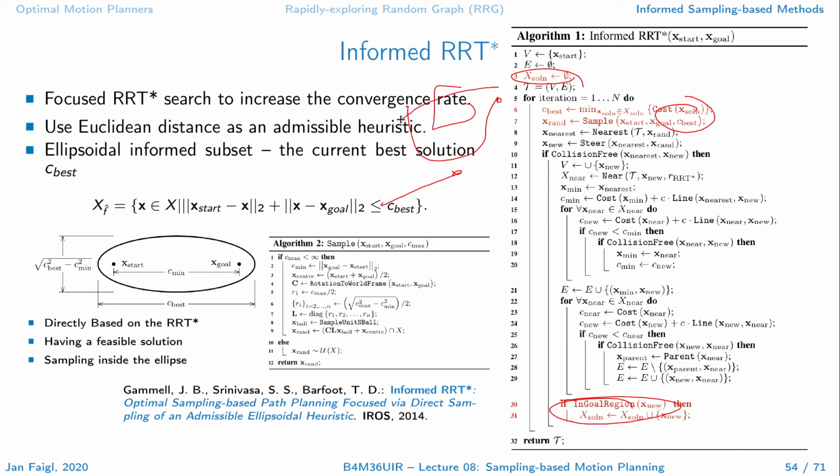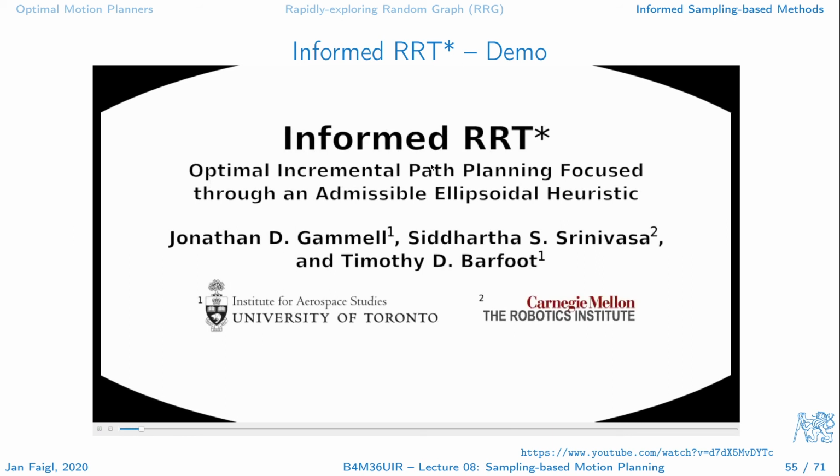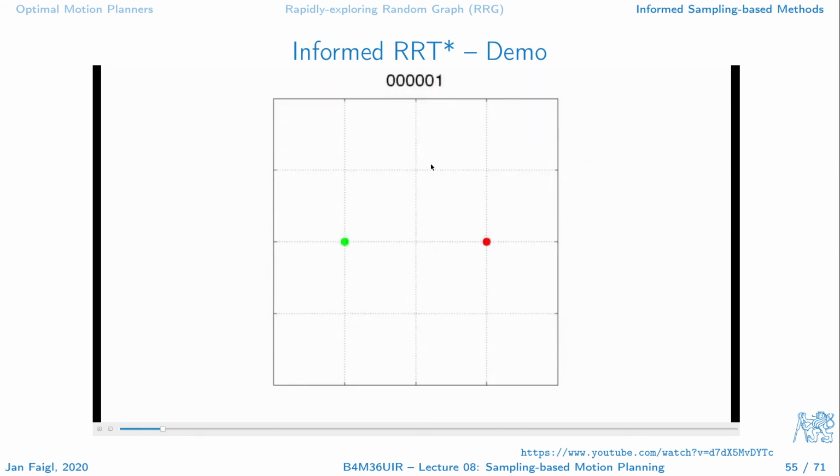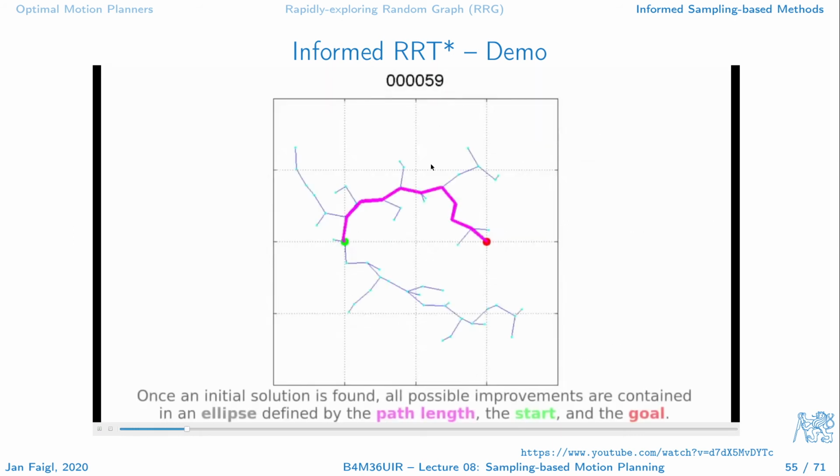So we can restrict the region where we sample to the area that corresponds to possible configurations within the distance of the current best solution, using Euclidean distance at the beginning as an admissible heuristic. So it's underestimating.